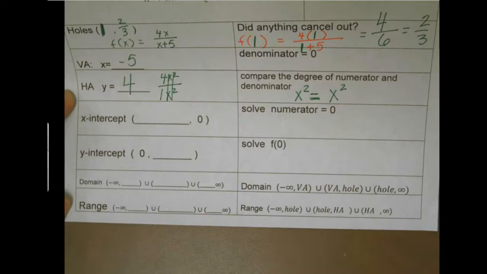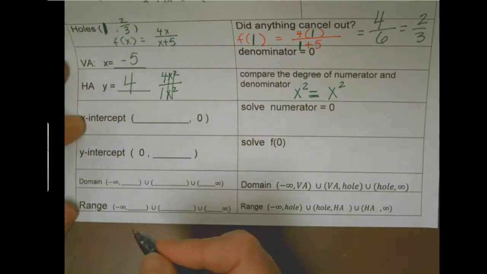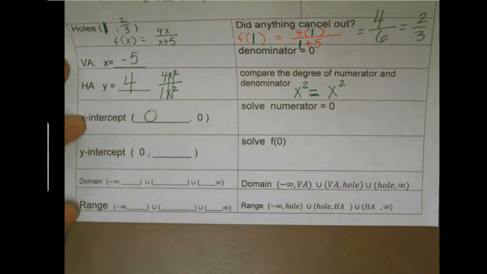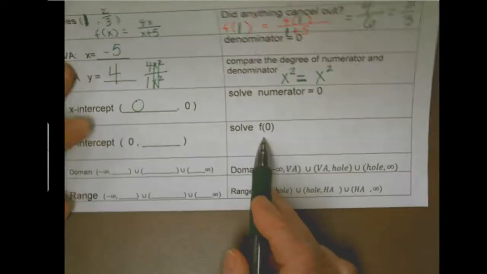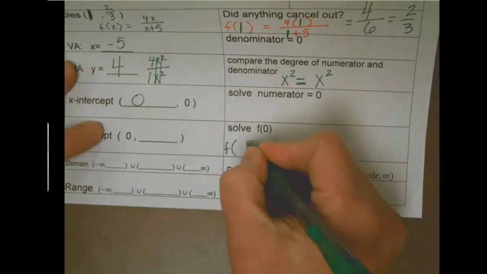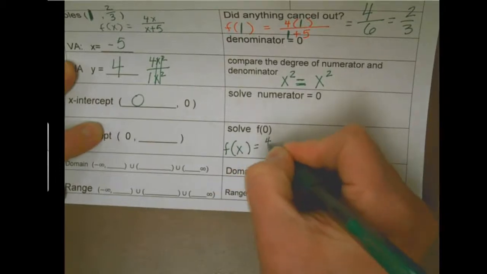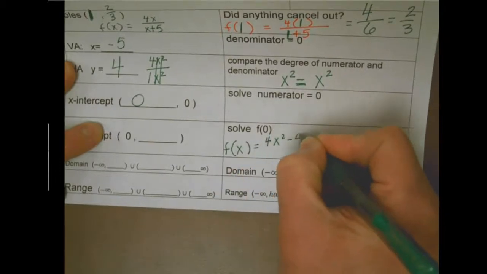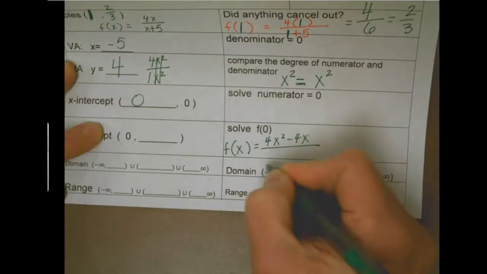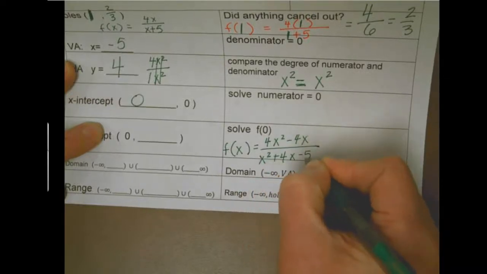We did our x-intercept yesterday. What was the x-intercept? 0. And so to find our y-intercept, it's easier to go back to the original equation. X squared plus 4x minus 5.